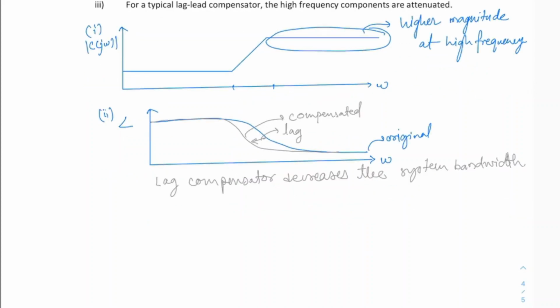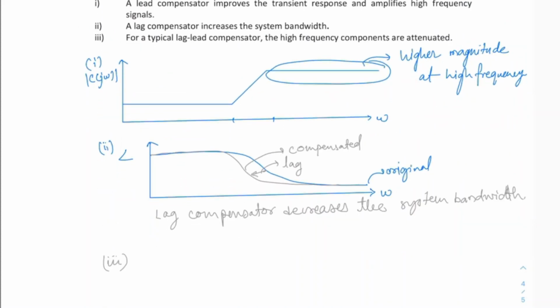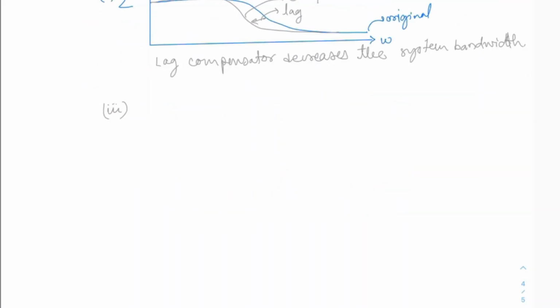And coming to the third part, for a typical lead lag compensator, the high frequency components are attenuated. So again, if we were to draw the Bode plot, specifically the magnitude plot, magnitude versus omega, the low frequency components look like this.